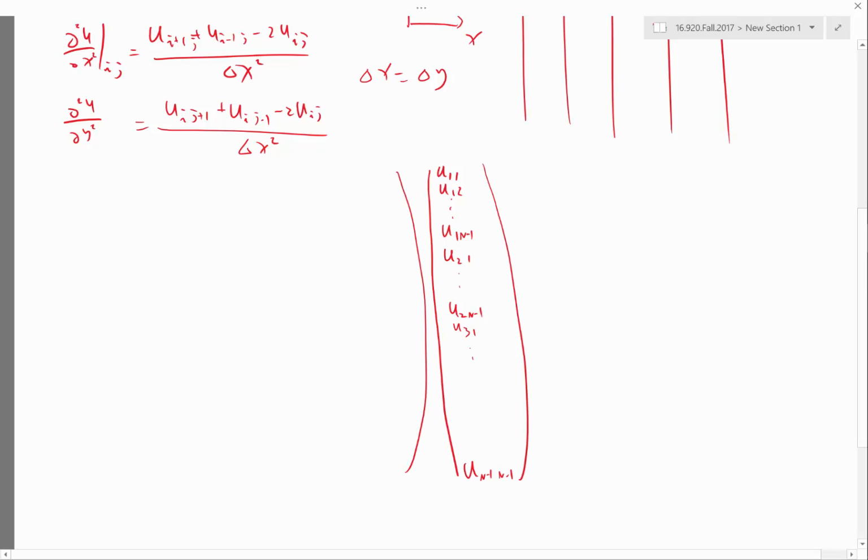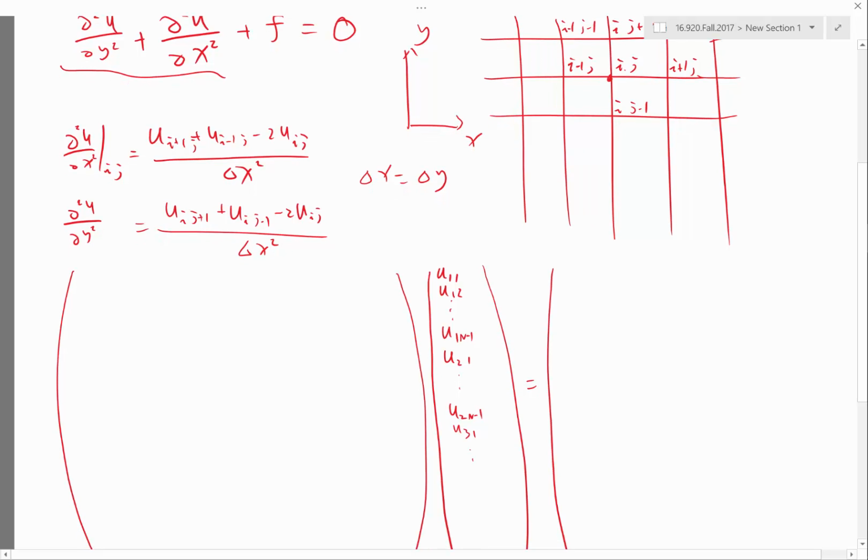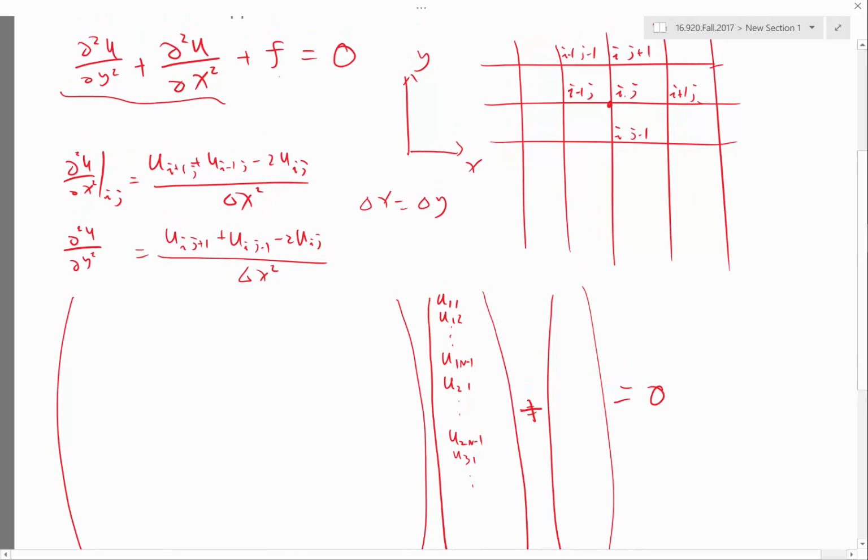I want to construct a matrix such that this is going to be equal to my right-hand side. So my right-hand side is going to be what? Let me just write it as plus my f equal to 0. So f is going to be also discretized. If I approximate my Laplacian at i and j, then the Laplacian at x_ij plus f at x_ij should be equal to 0.